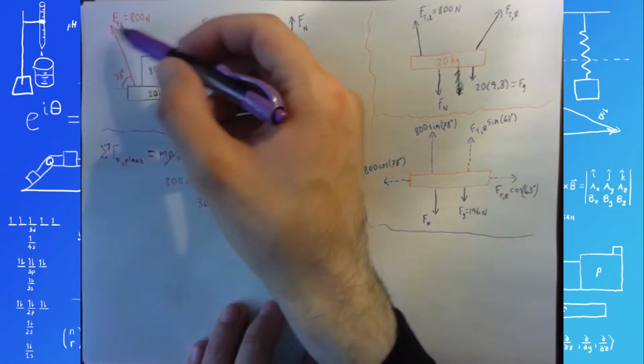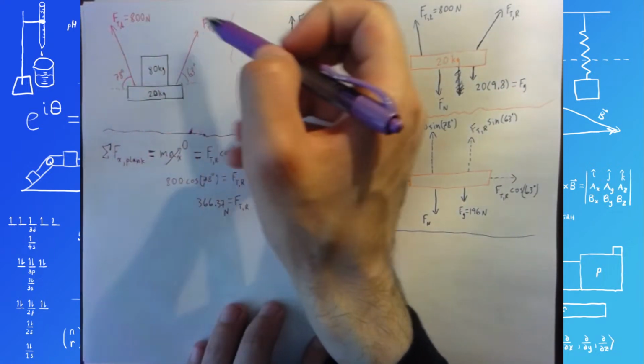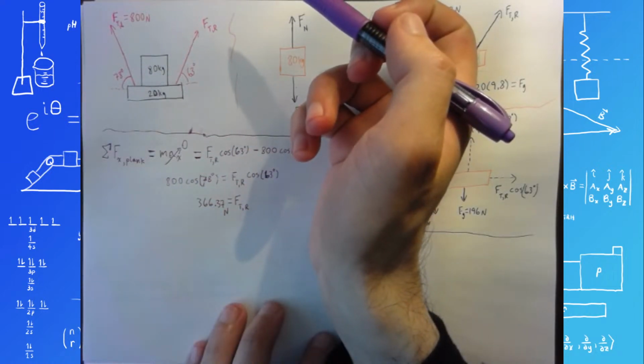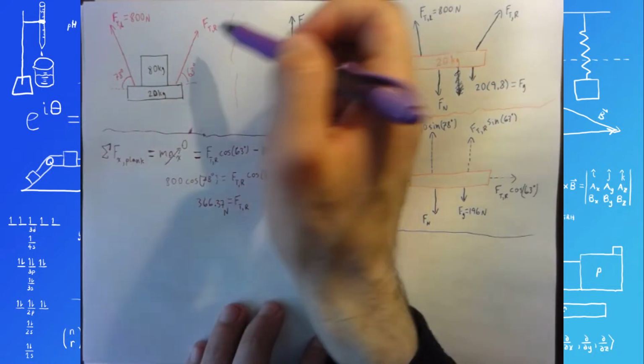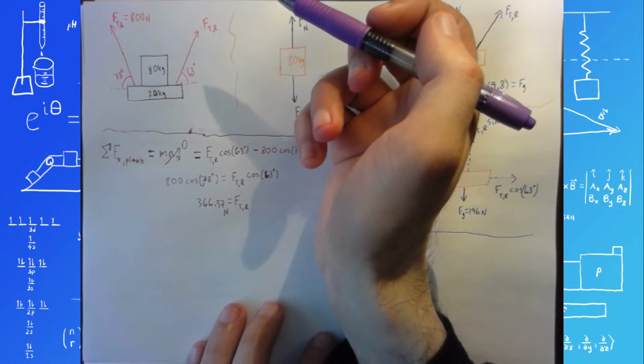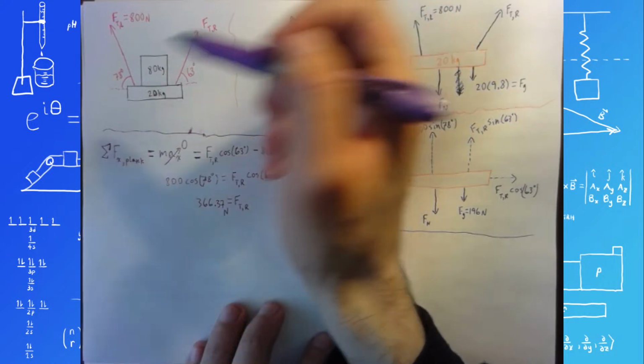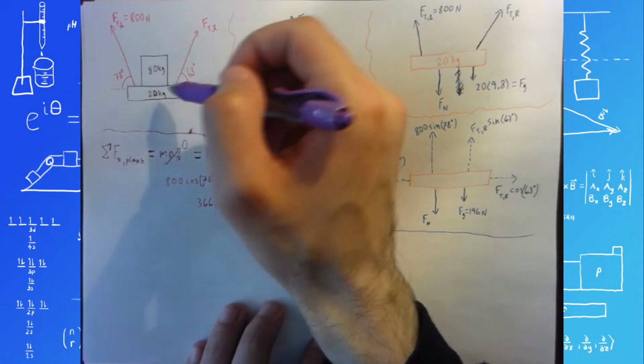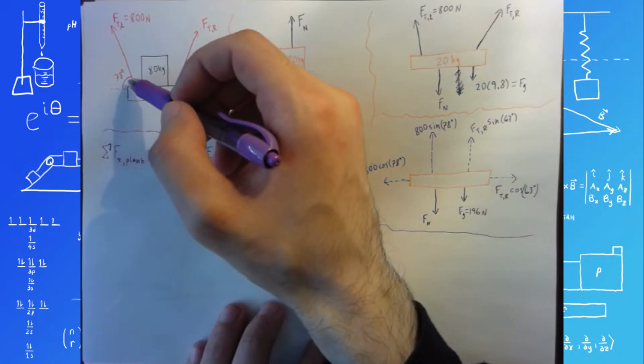I forget what I said earlier about whether the 800 would be greater or less than, but clearly it's greater than force of tension right, which I guess does make sense because the cosine components need to cancel out, so the one with the bigger angle is going to have a smaller cosine.